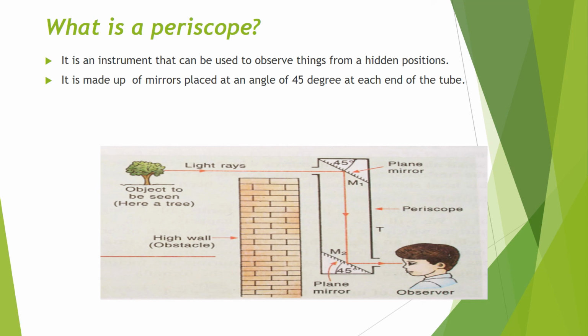The mirrors are positioned such that the reflected rays leaving the first mirror will hit the second mirror as an incident ray. This incident ray will then be reflected by the second mirror into our eyes.